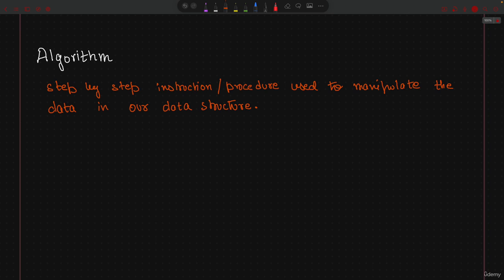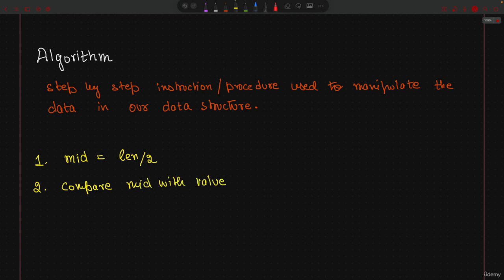Now, a fabulous example of an algorithm is the binary search algorithm, which we have already studied. If you think about it, binary search was also step-by-step instructions, right? What we used to do is find the mid first. Then we used to compare the mid with the value which we wanted to find.